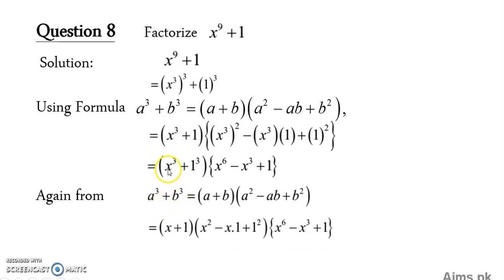This is your a term, this is your b term. I have written it as a plus b, a square minus a into b plus b square. This is our required answer. So we have factorized it. In this question number 8, we have used this cube formula 2 times.